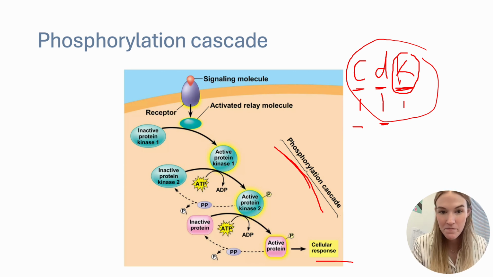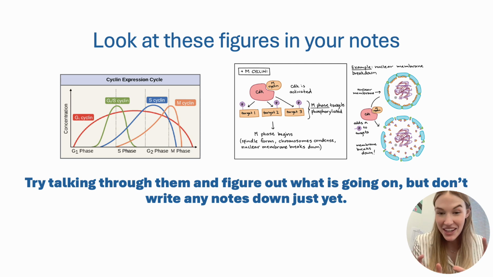Pretty exciting. So let's look at that in a little more detail by looking at these figures. The first one here on the left is showing you how we have a change in cyclin concentration over time. This is pretty important because it really tells us how we trigger one phase to the next. So we have the G1 cyclin, G1/S cyclin, the S cyclin, the M cyclin, and they all peak at a certain spot, and they often trigger the next phase.